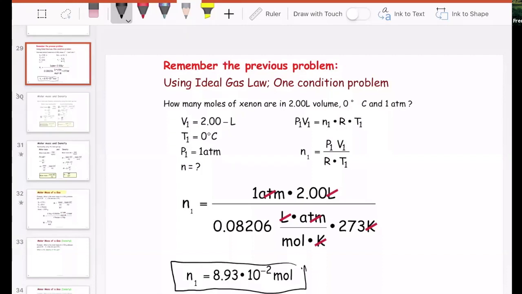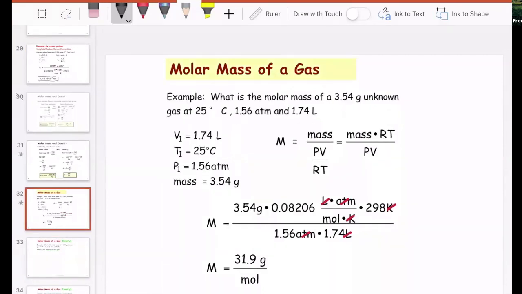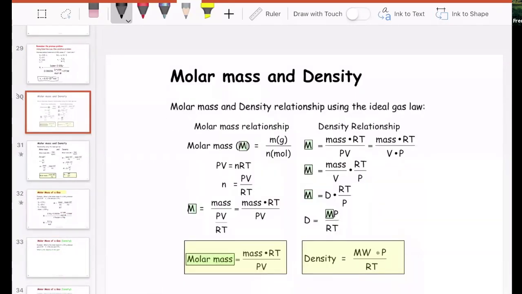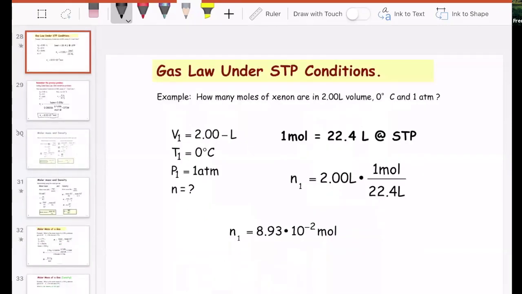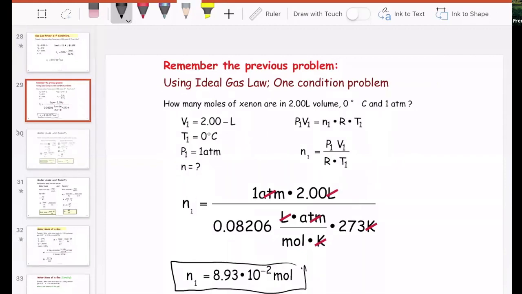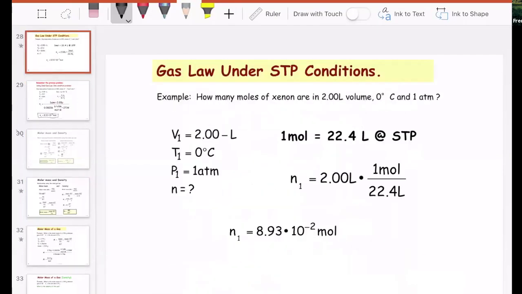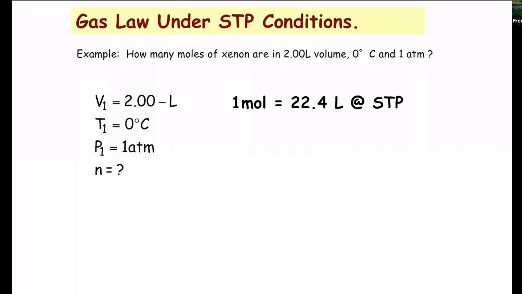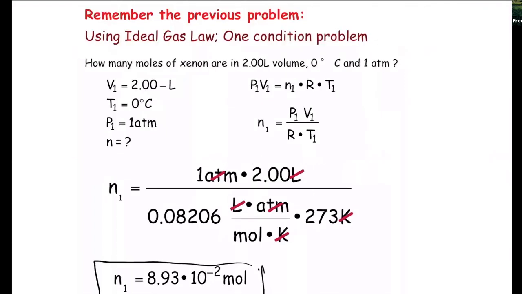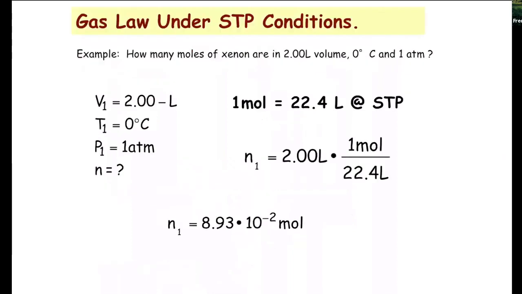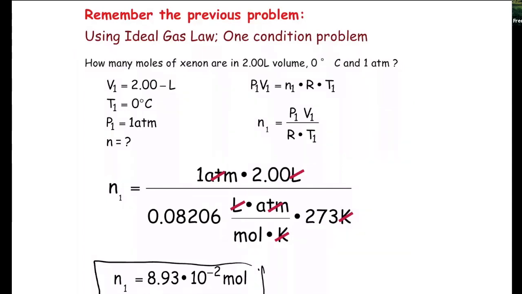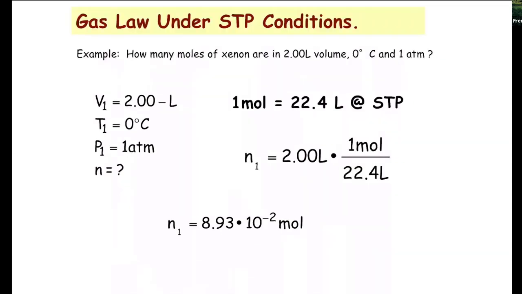Here we're using STP. This is what we did in the previous problem. It gives us the same answer, except one was much faster than the other because we can use that conversion factor. 1 mole will occupy 22.4 liters at STP.